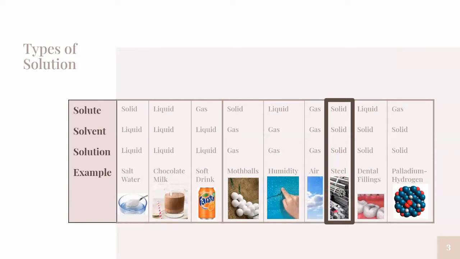In this specific solution, this is an example of a steel. In this, the solute is carbon and the solvent is iron. These 9 types of solutions are all homogeneous mixtures because all solutions can only be homogeneous in order to be classified as a solution.